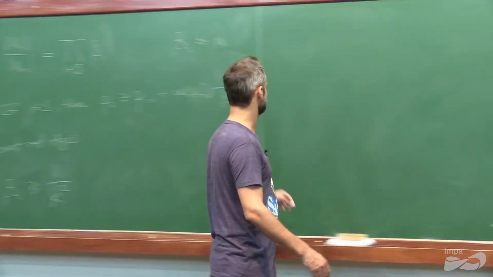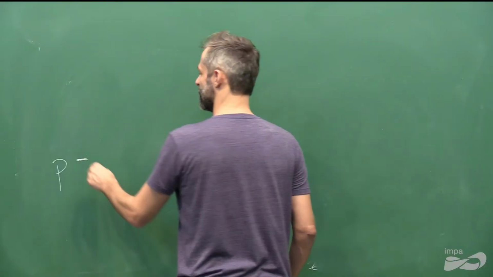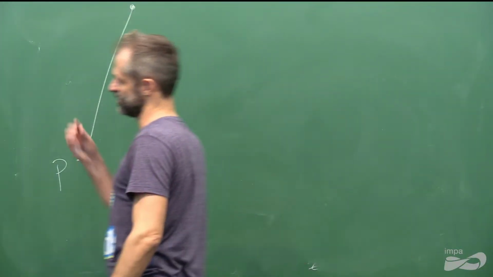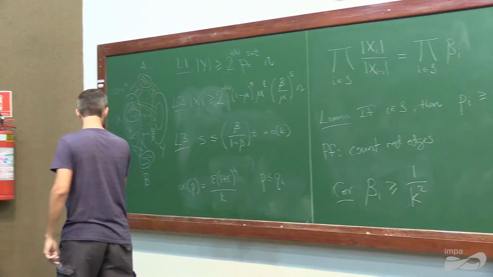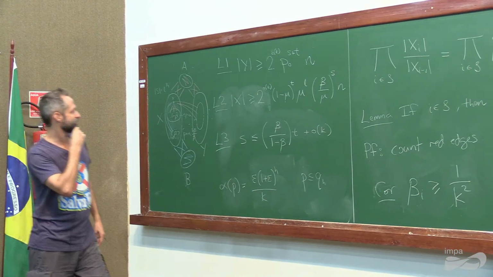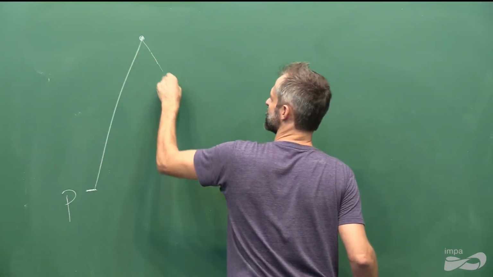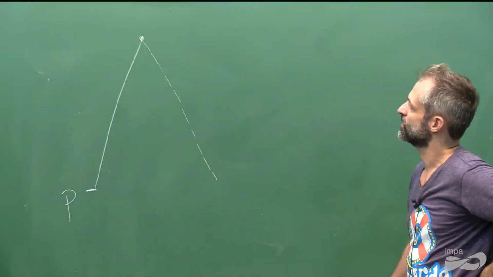So imagine you're at some level, at some p, and then you take a big jump up, and then you take a bunch of little red steps down.